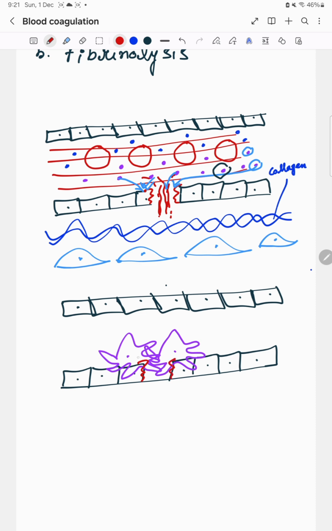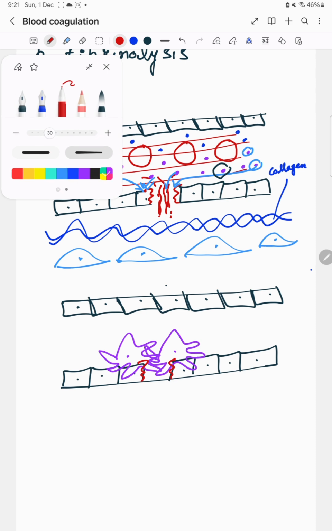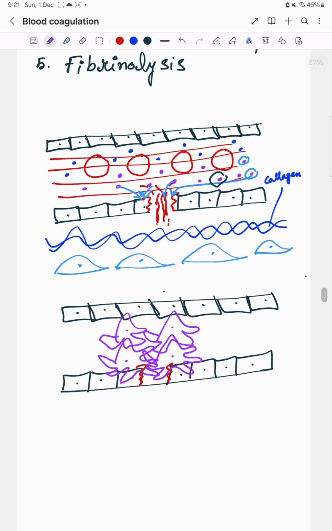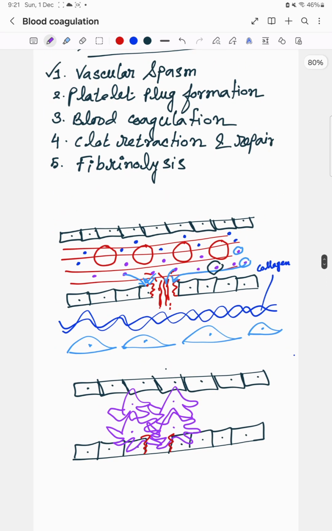Okay, so they sit like this, and so many platelets get aggregated. So this is called platelet aggregation, and for this step to happen, there are so many other molecules that play a very crucial role in the activation of platelets. Okay, and another thing, it forms a plug, it's aggregated.